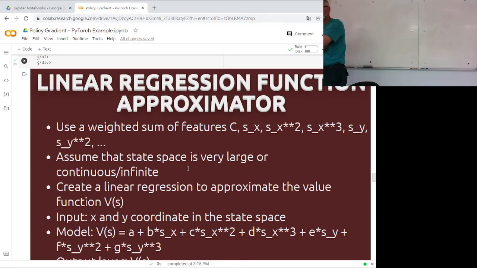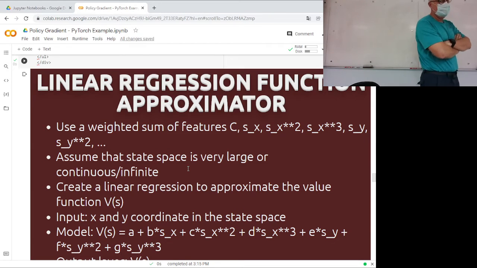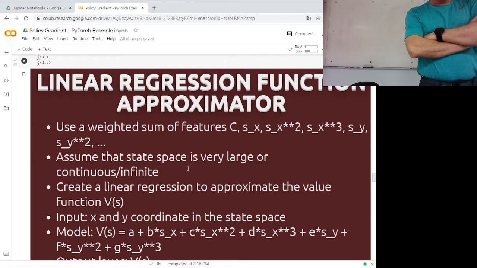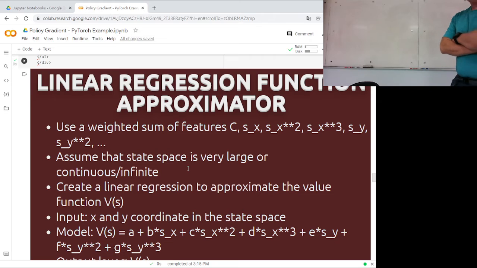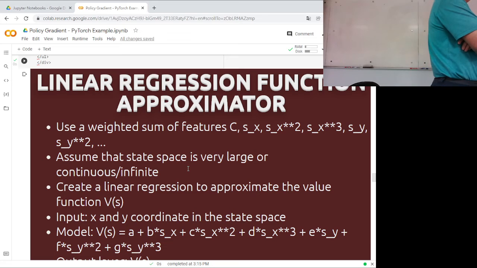So I can define a function based on a set of inputs in order to generate what the correct value function should be. And the linear regression is one way of doing that computationally very quickly. So our input will be the x and y coordinate, and the output should be the value function.